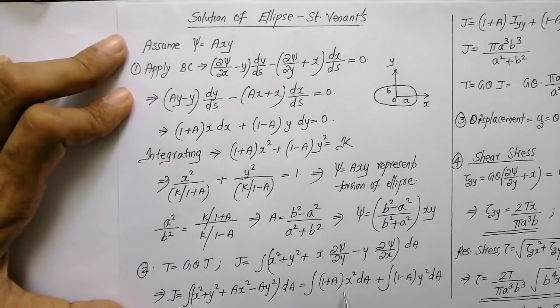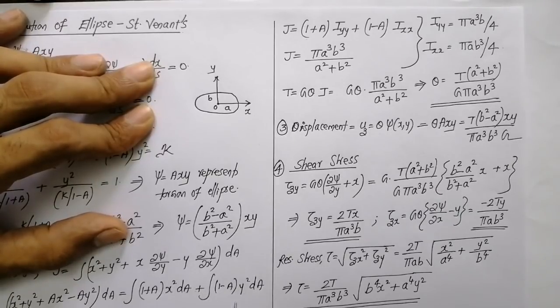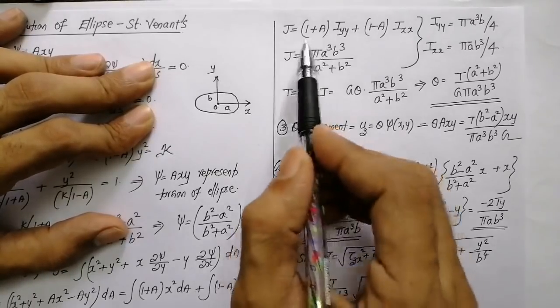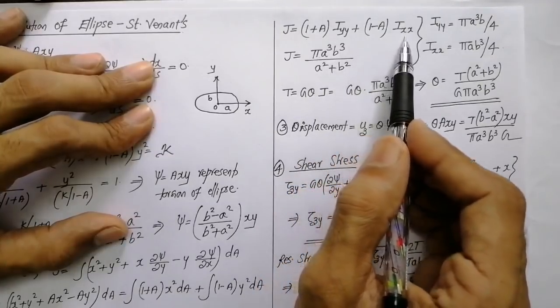Now if I further rearrange this equation into this form, integral (1 + A)x² dA plus integral (1 − A)y² dA. So 1 + A is a constant term. If I take it outside, (1 + A) integral x² dA plus (1 − A) integral y² dA. So, integral x² dA represents Iyy and integral y² dA represents Ixx. So, I will obtain J = (1 + A)Iyy + (1 − A)Ixx.